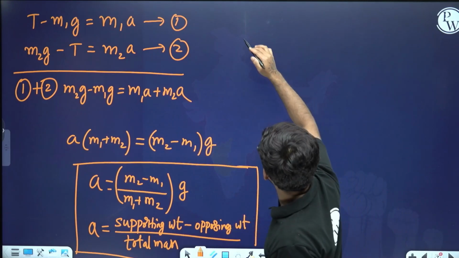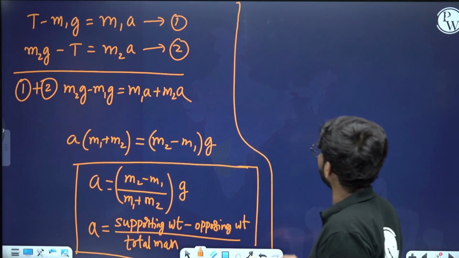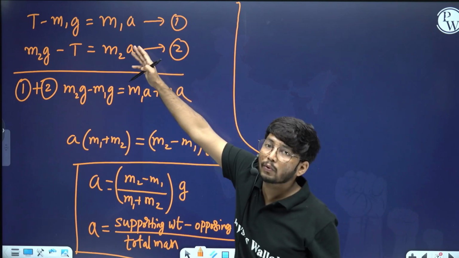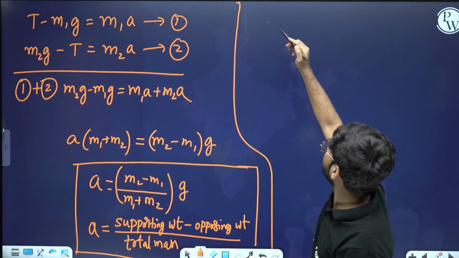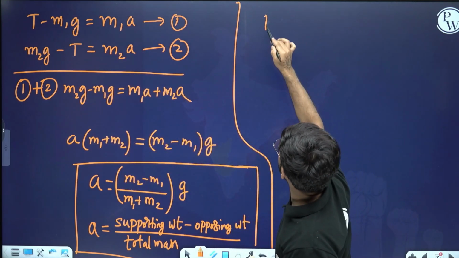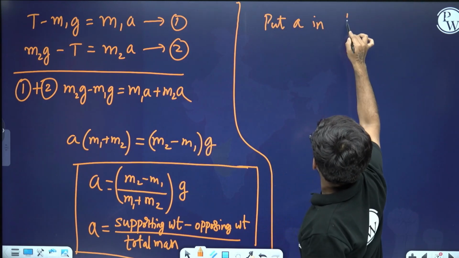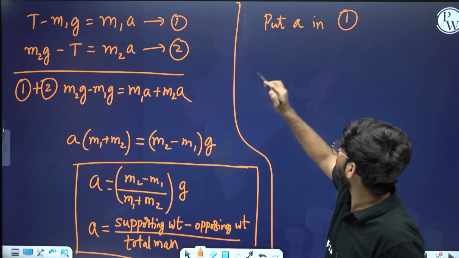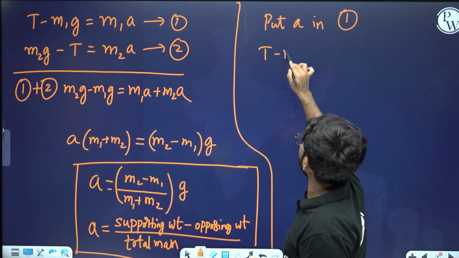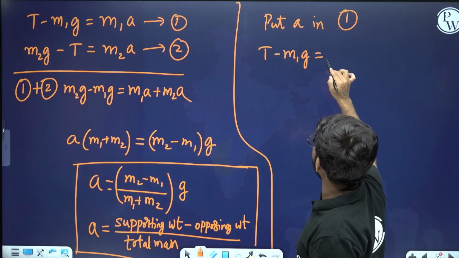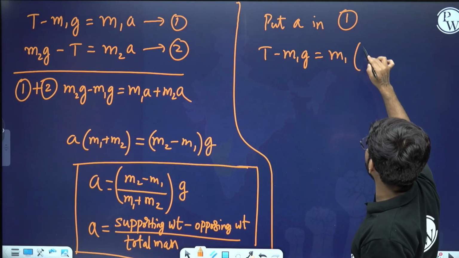Then what about ಟೆನ್ಷನ್ನ ಯಾವ ಥರ ಕ್ಯಾಲ್ಕುಲೇಟ್ ಮಾಡ್ತೀನಿ? ಟೇಕ್ equation number 1, substitute the value of A. So equation number 1 ಅನ್ನು ತಗೊತಾ ಇದ್ದೀನಿ. Put A in equation number 1. Equation number 1, which is T minus M1G is equal to M1 into A. A ಏನಿದೆ?